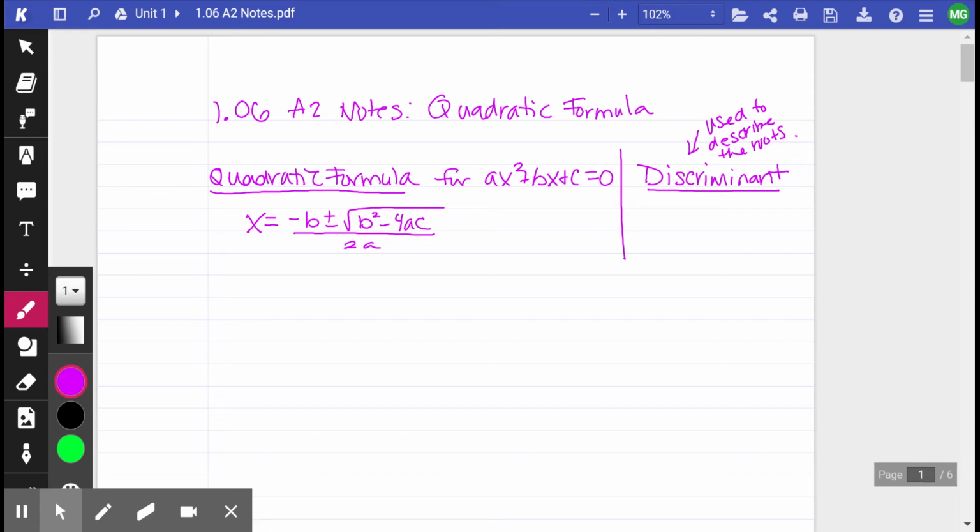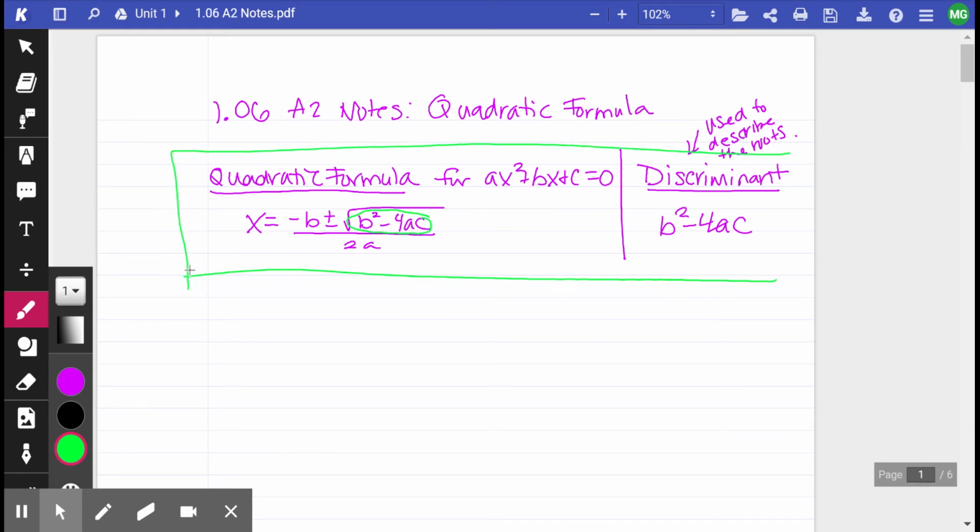But if you have rational roots, then factoring using P's and C's or guess and check is going to be a little bit faster. So the discriminant is just b squared minus 4ac. You'll find that right underneath the radical. So whatever number is underneath the radical is called our discriminant.